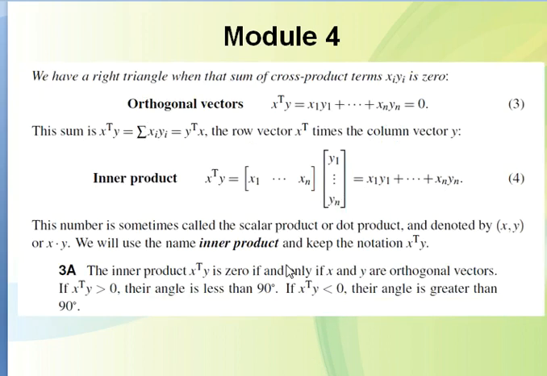The same is being highlighted over here. If the inner product x transpose y is 0, we can conclude that the two vectors, in a two-dimensional system or it may be in an n-dimensional system, are orthogonal vectors.